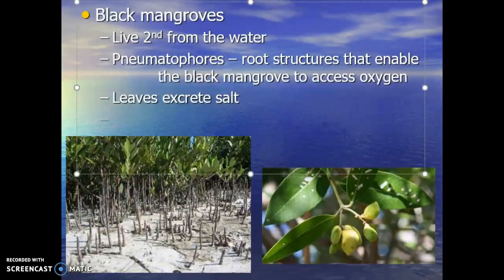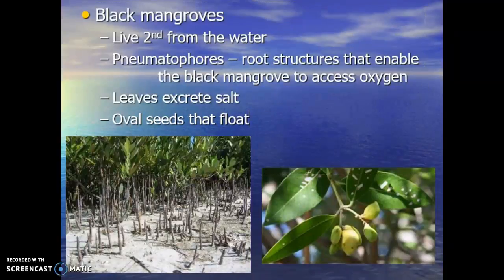The seeds are going to be oval shaped. So you can see picture bottom right, it's got some mangrove seeds, some black mangrove seeds, very different than what we see with the red mangroves. Those seeds will float, but they drop in the water. They can't float and start a new island because they don't tip down and grab onto the sand.